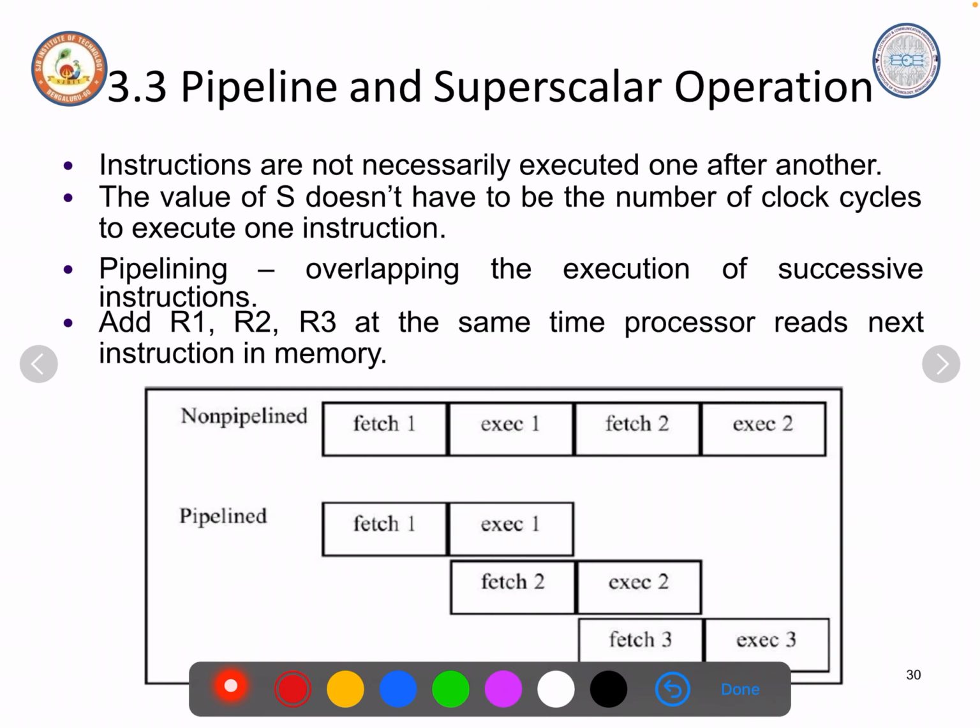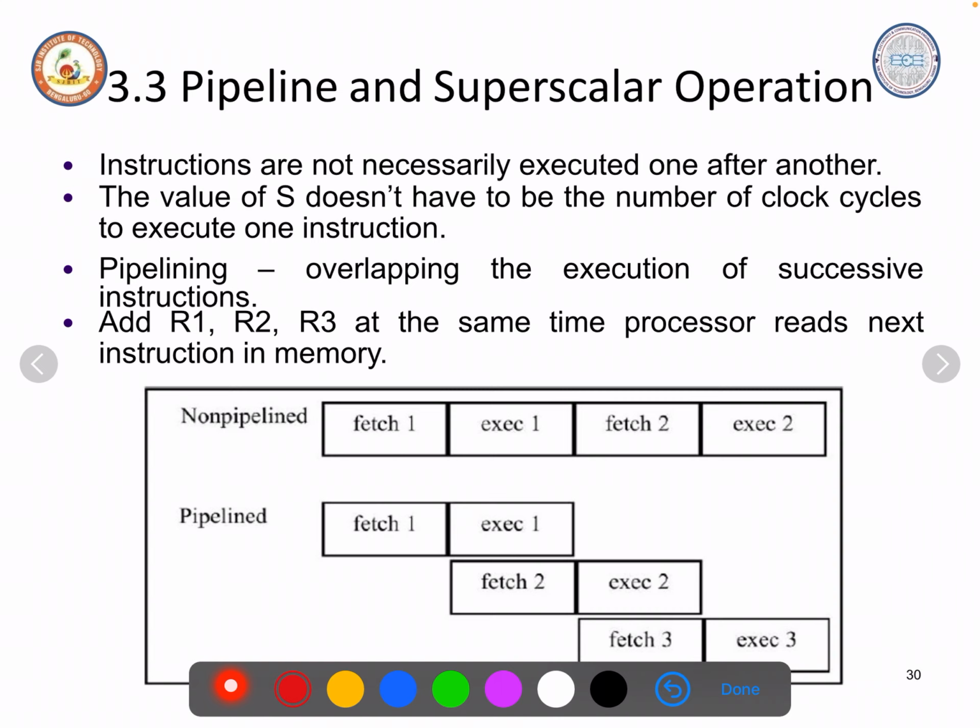Coming to the next one, which is pipelining and superscalar operation. The name itself indicates pipelining. Instructions here are not necessarily executed one after the other. We can't wait till the completion of the first instruction to process the next instruction.